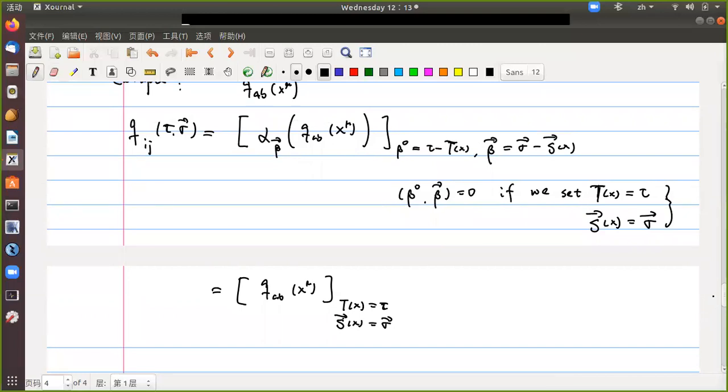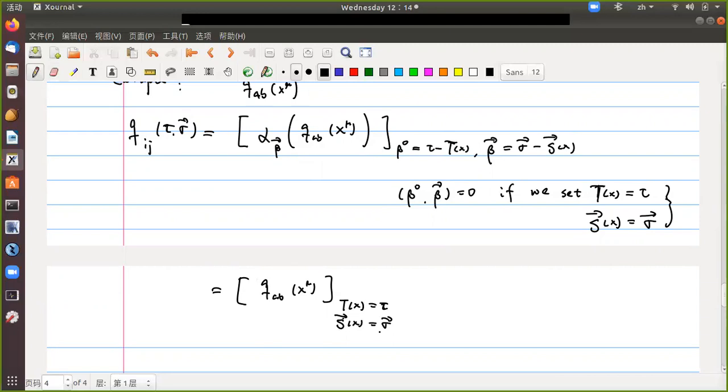Okay, so now you see what is really going on in this definition of the Dirac observable, which depends on tau and sigma. It is actually the evaluation of the field QAB at the point x, where Tx equals tau and Sx equals sigma.